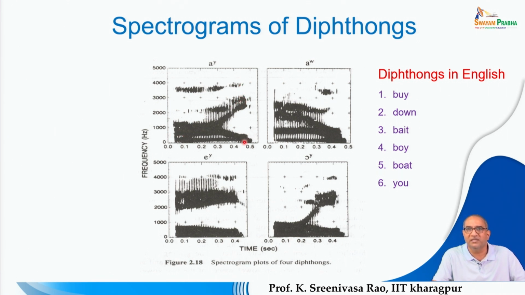At the end, the formant structure corresponds to the vowel E, because there is a low frequency and then the next highest frequency is more than 2000. This is in between I and E. So we have a low frequency, another formant at a very high frequency, and middle formants, but they are not clearly visible here.